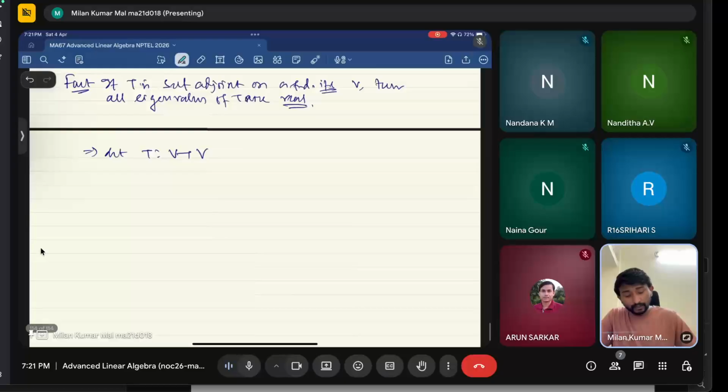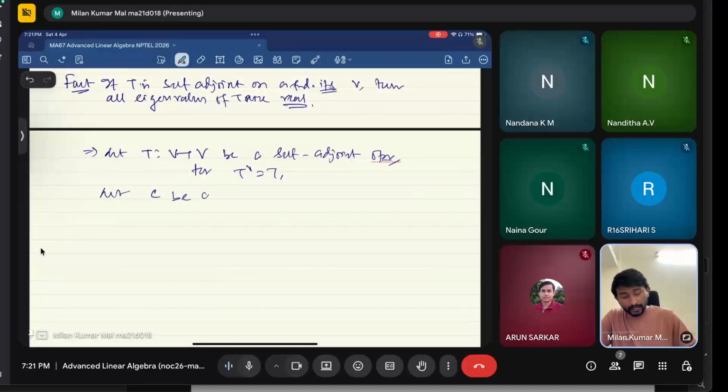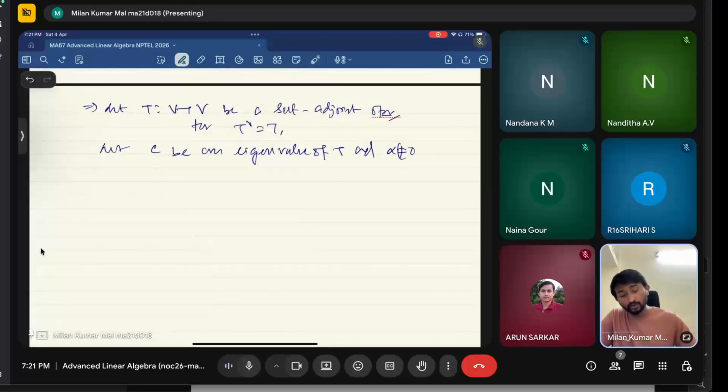Okay, let T be a self-adjoint operator. Then T star equals T. Let C be an eigenvalue of T, and alpha not equal to 0, belonging to V, be the corresponding eigenvector, because corresponding to every eigenvalue there exists at least one non-zero vector, called the eigenvector.